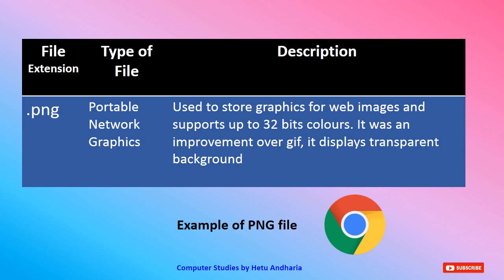To explain you the thing, I have inserted an image of Google Chrome's logo. Now here you cannot see a white rectangular shape around this circular logo, right? So this logo is having a transparent background and its extension is .png. You yourself also can create this type of PNG images by using Adobe Photoshop. You can cut the background.